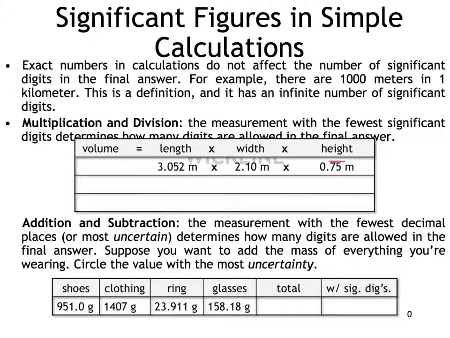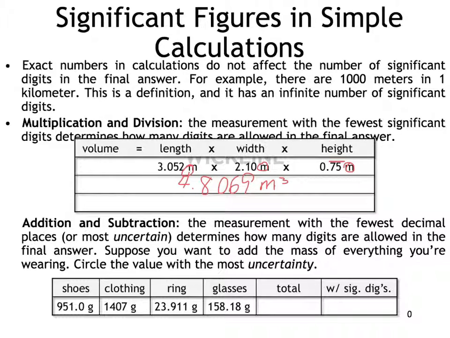So take a moment right now, pause the video, and at least get a raw answer and write it on that second line. So my raw answer had several digits in it. I'm getting 4.806. The unit is going to be a kind of meter, but there's 1 meter, 2 meters, 3 meters. They're all being multiplied, so I'm going to go with meters cubed.